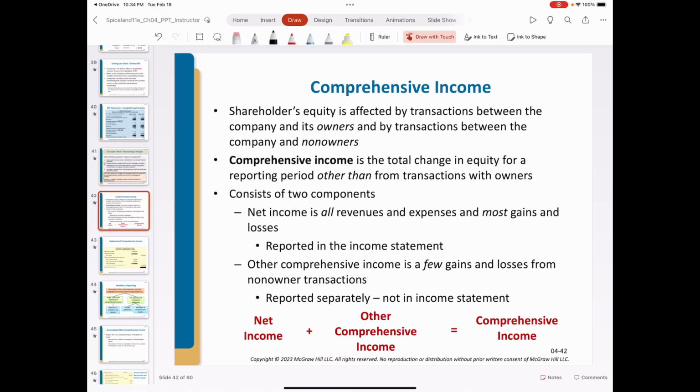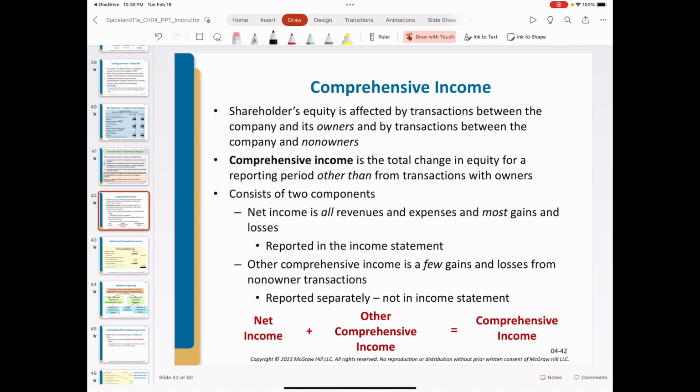As I mentioned earlier in this chapter, I will introduce another income which bypasses the income statement. The income statement reports the earnings or net income that are realized. There's another income called other comprehensive income that is earnings to be realized.